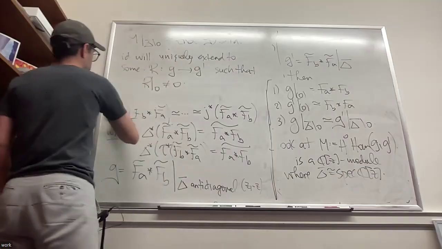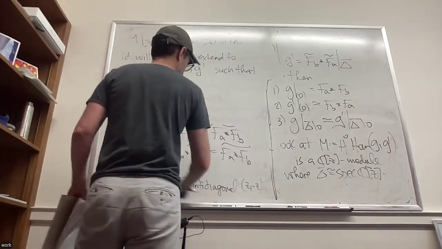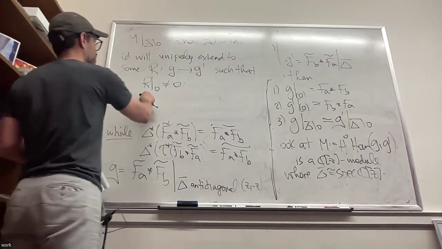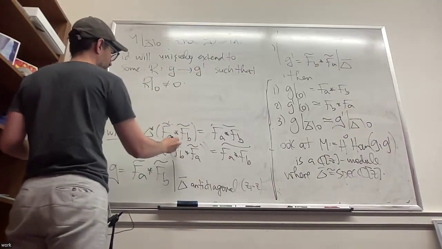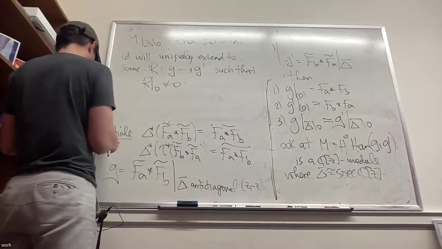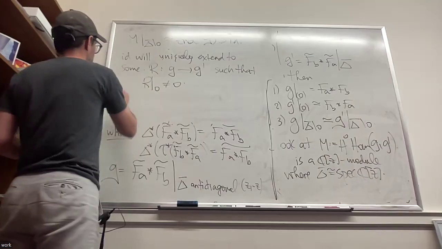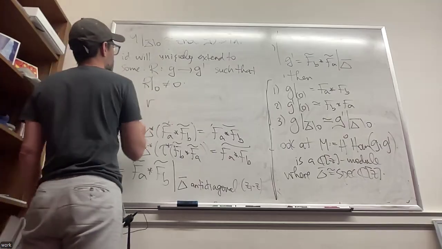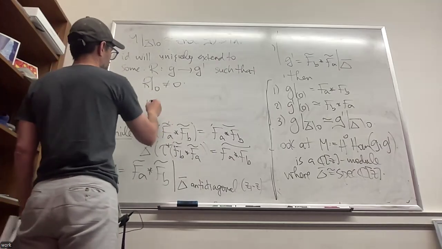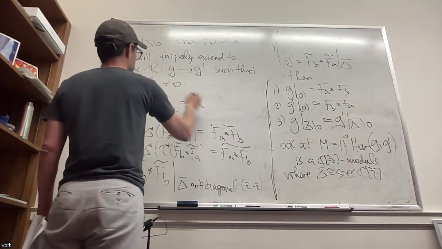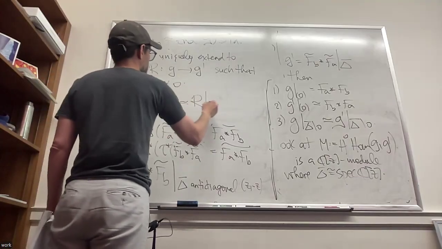Just the minimal multiple you need to take so that when it extends and you restrict it, you get something not 0. And that's it. This restriction is going to be your map R between FA and FB, your big R restricted to 0.